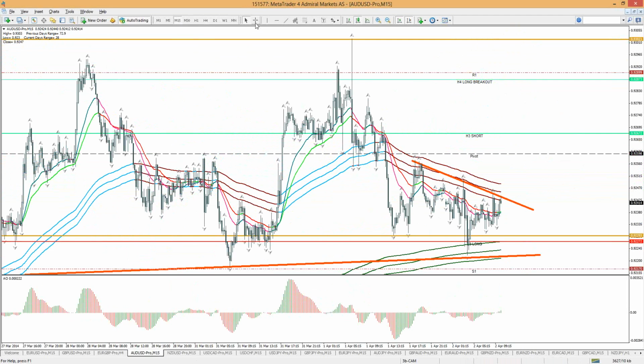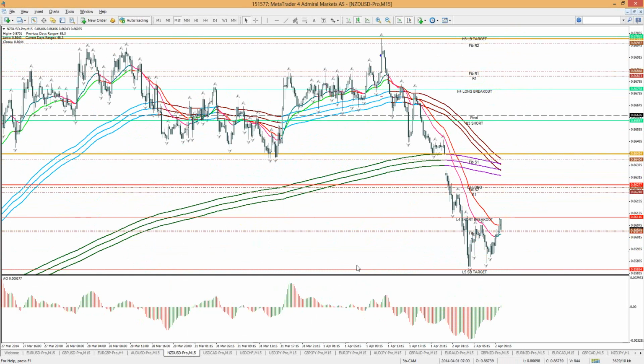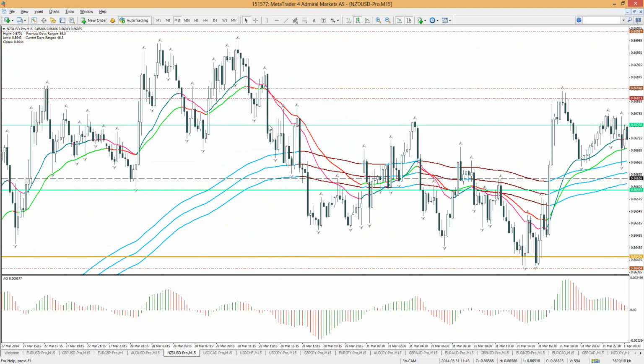Yesterday's intraday trading regarding the AUD/USD, I didn't find too interesting, and didn't trade anything here. In fact, we had some upside during intraday trading, but I didn't find it too interesting. What I did find interesting was the Kiwi. So maybe you took it along with me.